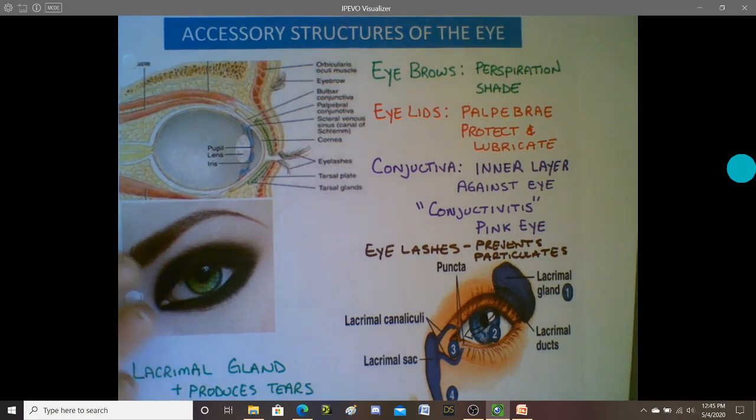So first of all, when we look at handout 17D, we're going to see eyebrows, eyelids, this tissue called conjunctiva, and then eyelashes. All I want you to remember, and all I want you to know, is the functions of these different structures.